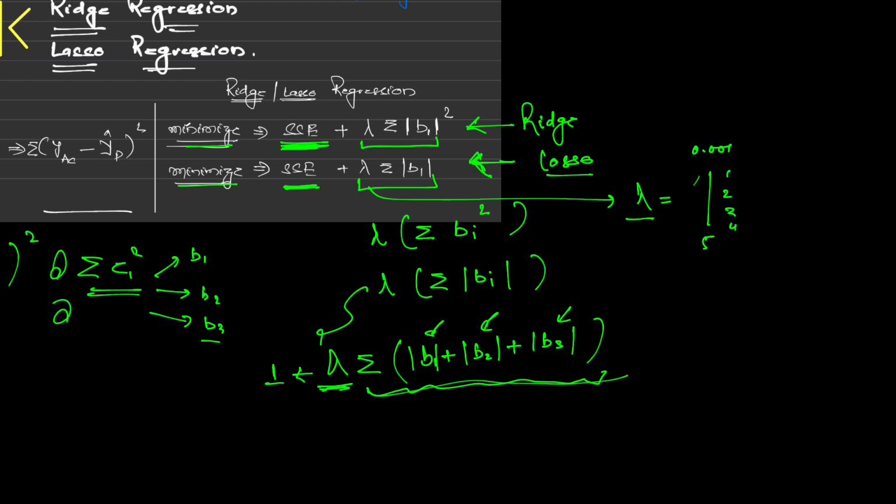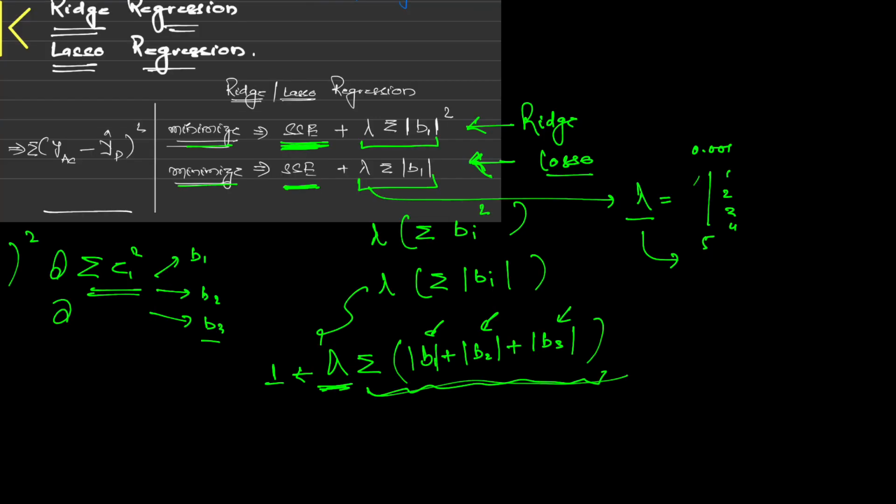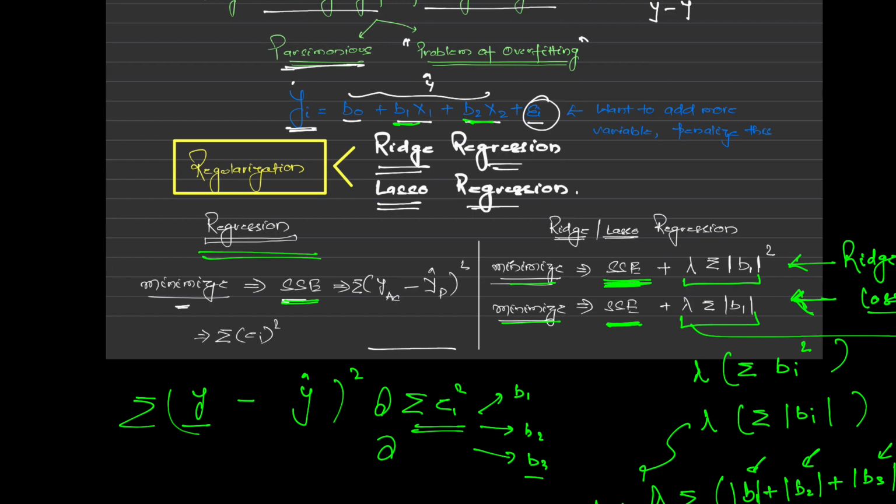But understand, the higher the value of lambda, the more the penalizing, and therefore more coefficients will start getting dropped from the model. So you have to keep this lambda hyperparameter value such that your model should not be too simple and should not be too complex. The model should be parsimonious, but at the same time it should explain the y properly.